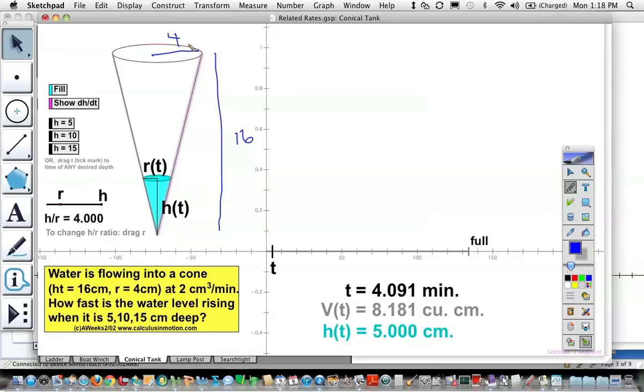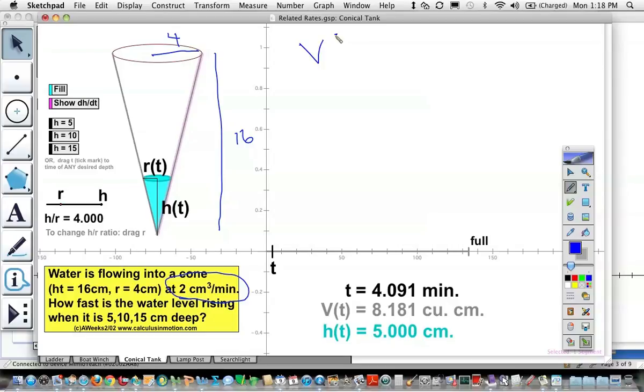I said that the first step was going to be identify those things that were given to you in the problem and those things you're trying to find. Okay, what about the 2 right here? What would I call 2 cubic centimeters per minute? Look at the units. Cubic centimeters.